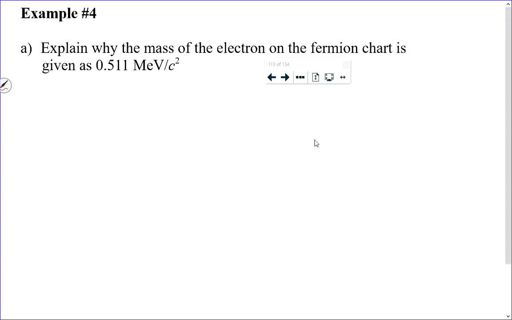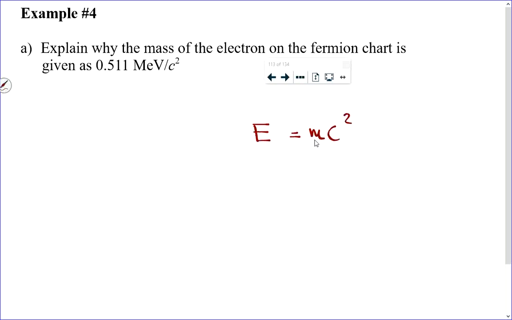Okay, example 4. This is example 4 because we left off yesterday with example 3. What is the significance of me saying the mass of an electron is 0.511 million eV over the speed of light squared? Again, physicists would much rather talk about energy. This is off your formula sheet. But energy equals mc squared.